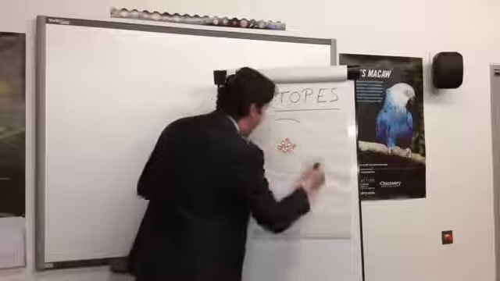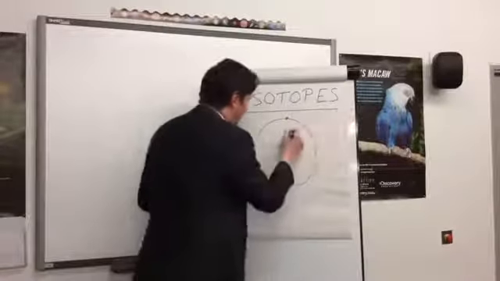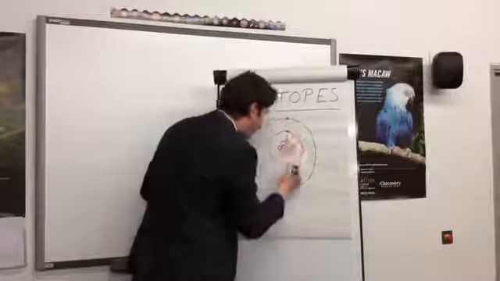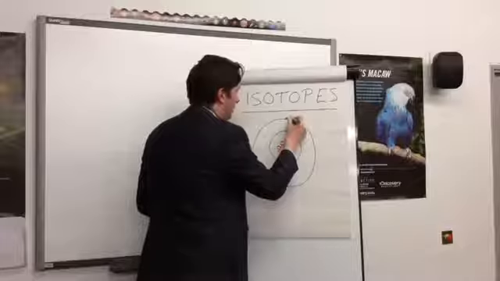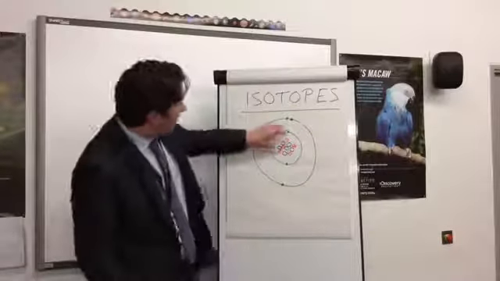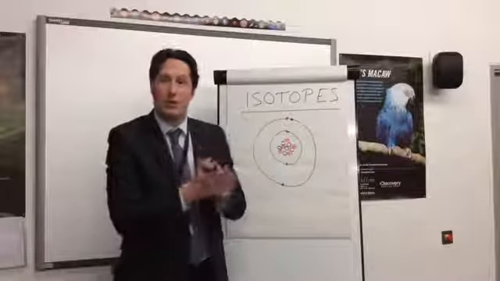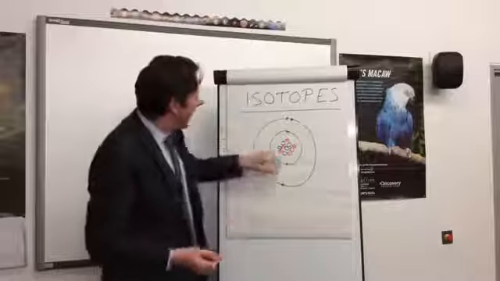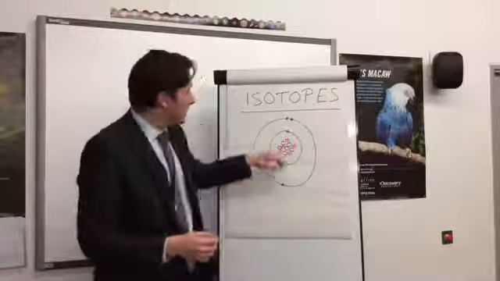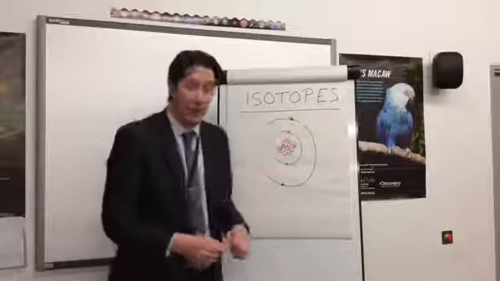And then around it we would have, slightly too big so I have to do a shell inside. So, in here we've got 5 positive particles. They are protons. We've got 5 positive particles, and because of that we've got 5 negative particles around there as well.